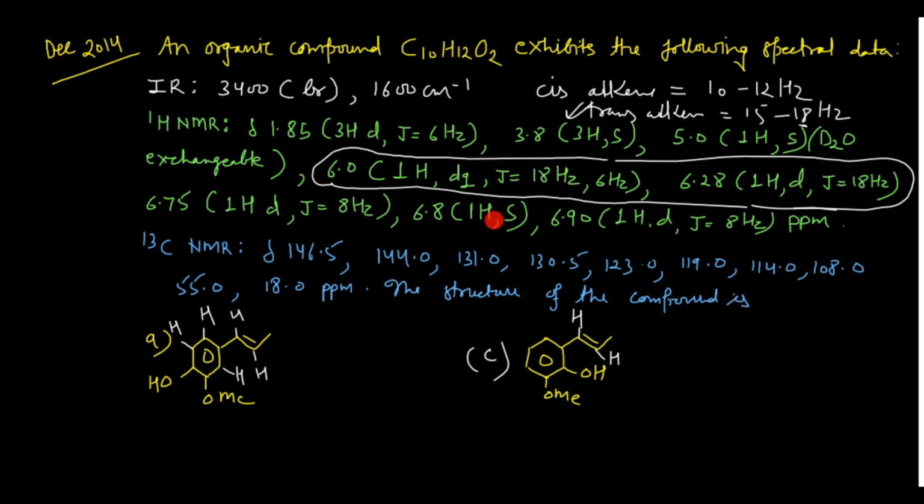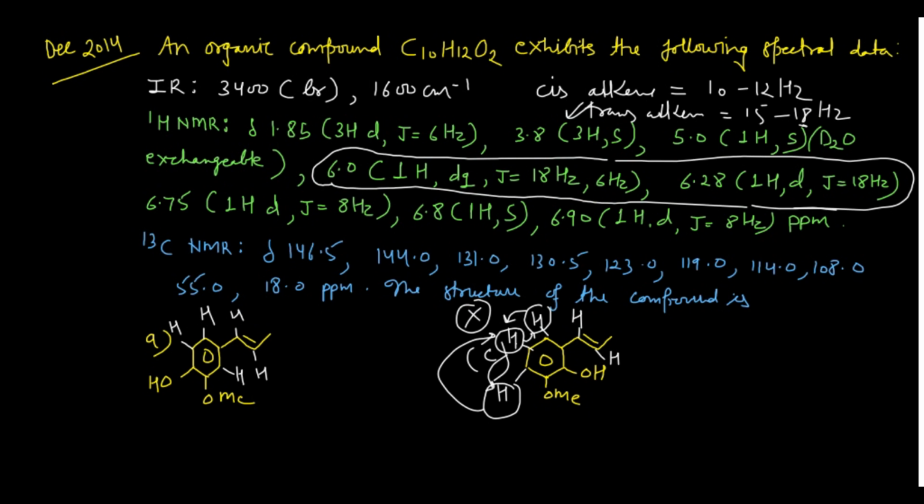This singlet is possible in any option. We can check here. If I put hydrogens here, this cannot be a singlet because it will couple with this one and give a doublet. This cannot be a singlet because it will couple with this hydrogen as well as that hydrogen. And this hydrogen can also couple with this one. So option C is also not the correct answer.